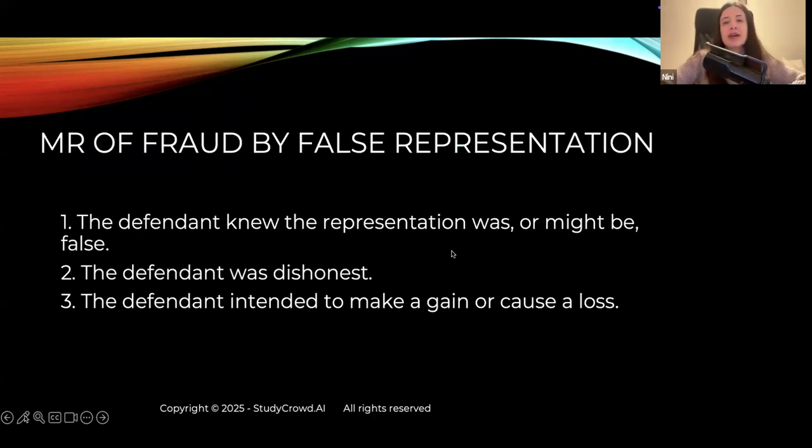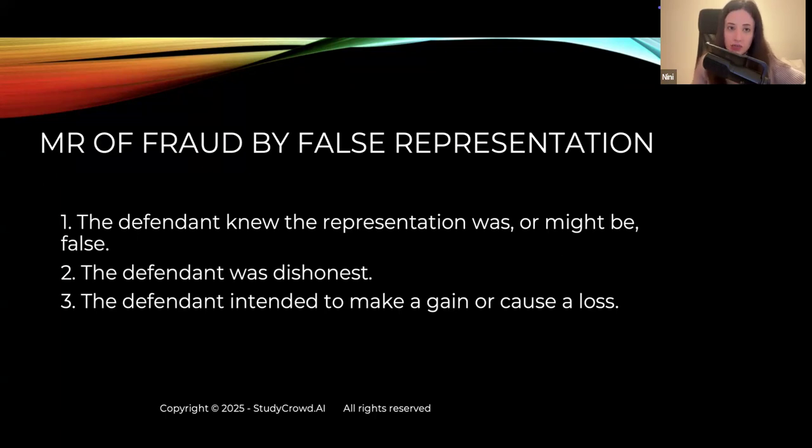Mens rea of fraud by false representation. After the actus reus, which is the physical element of the crime, you should discuss the mens rea, which is the mental element of the crime. First of all, the defendant knew the representation was or might be false.